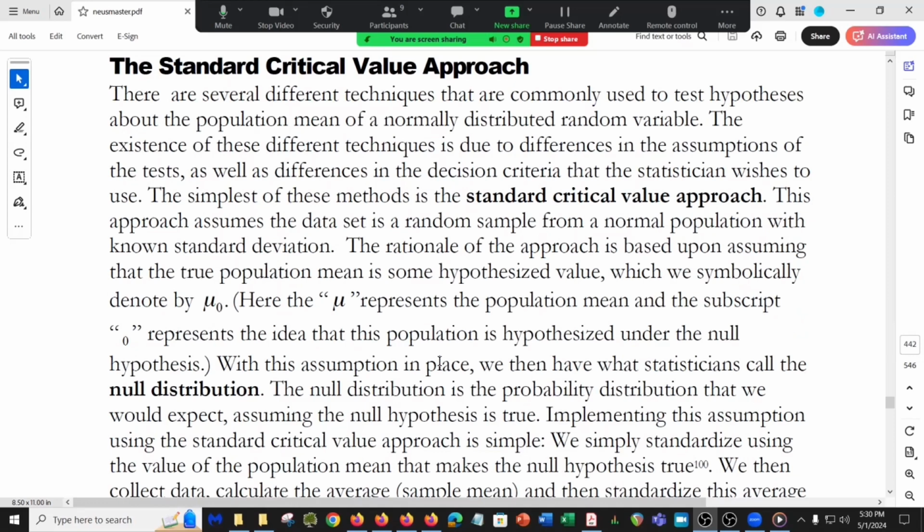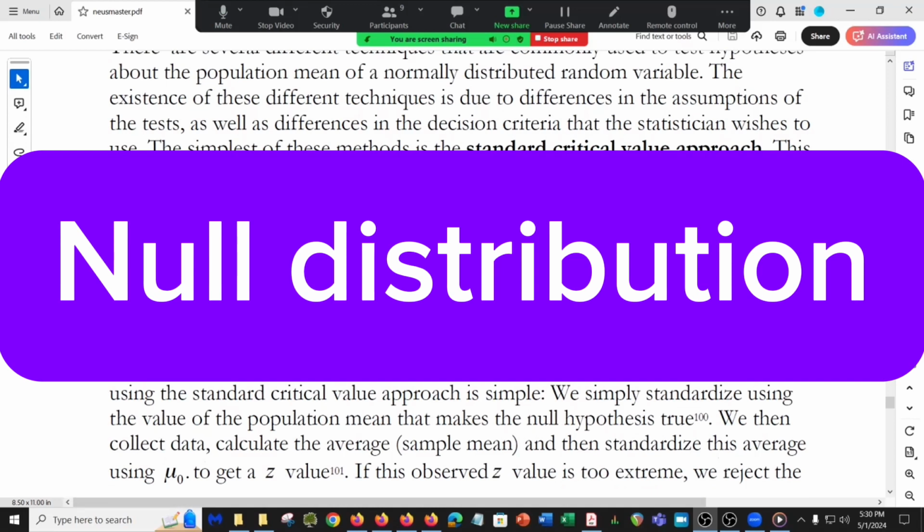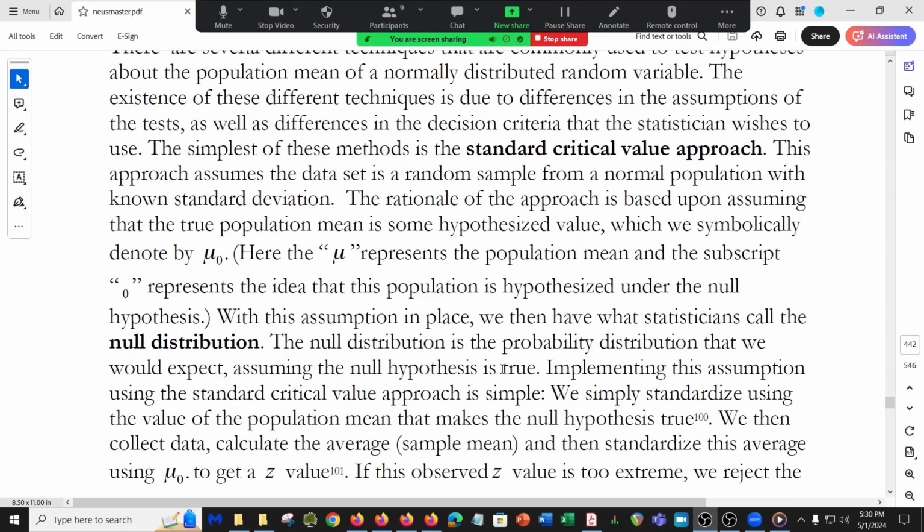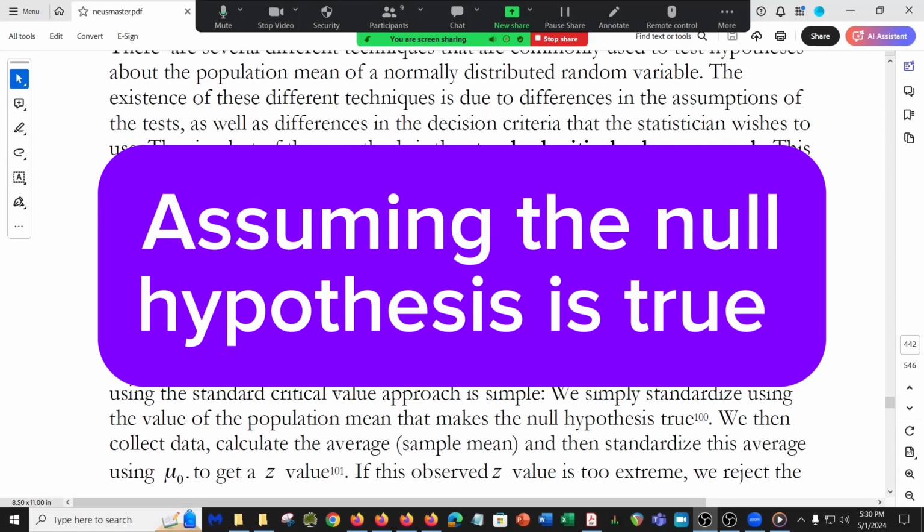Now, with this assumption in place, we then have what statisticians call the null distribution. The null distribution is the probability distribution that we would expect, assuming that the null hypothesis is true.